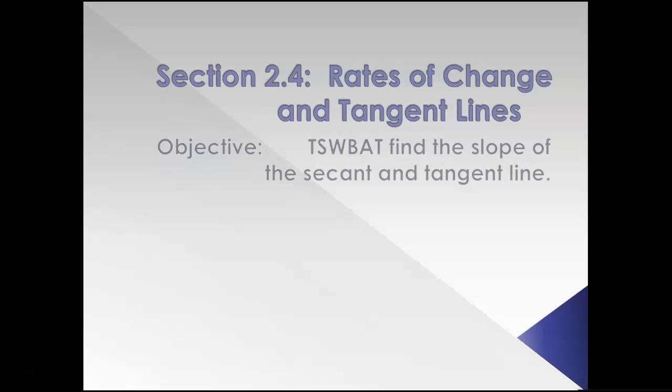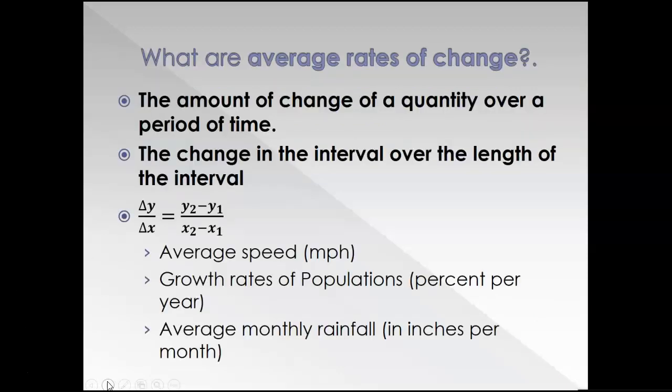A rate of change is a change in the amount of a quantity over a period of time. It is the amount of change of a quantity over a period of time. It is the change in the interval over the length of the interval.